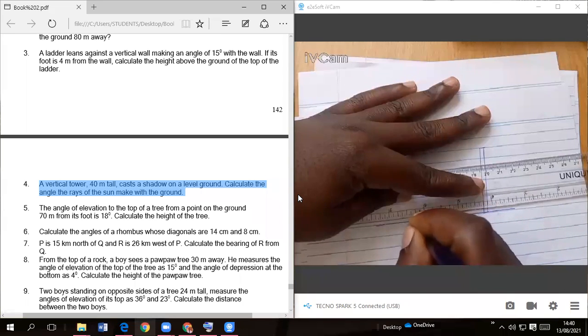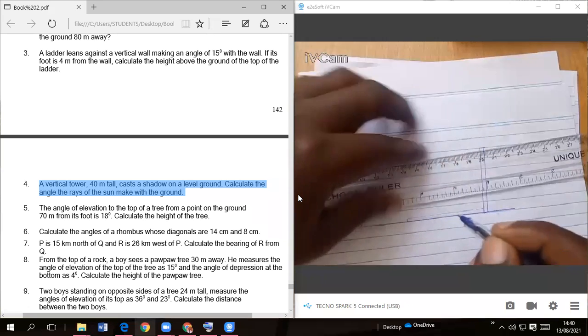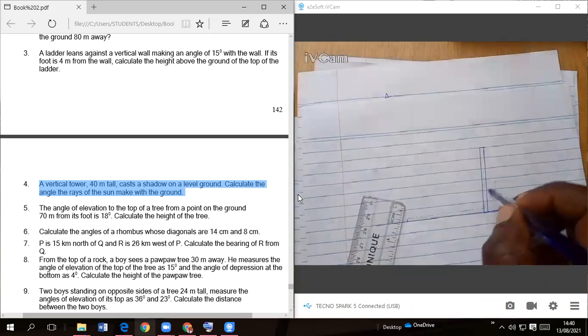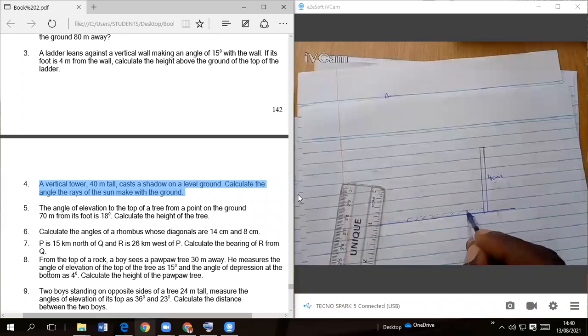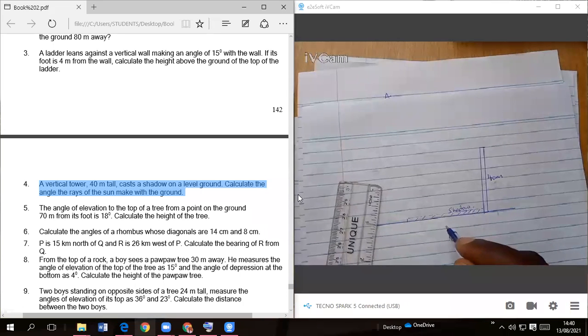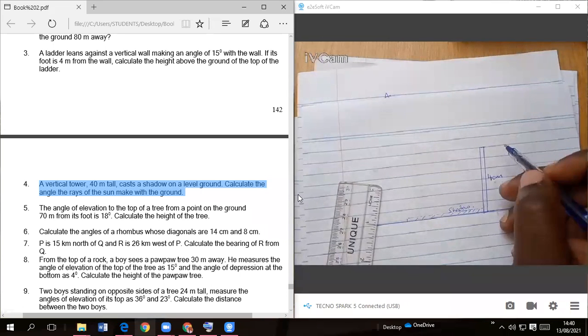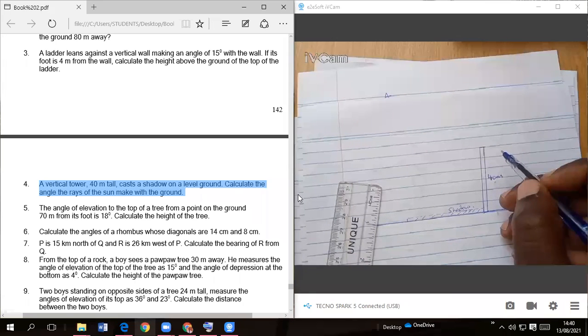Suppose this is the shadow on the ground, and these are the rays from the sun.